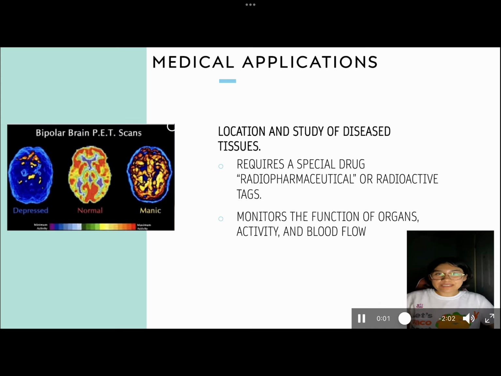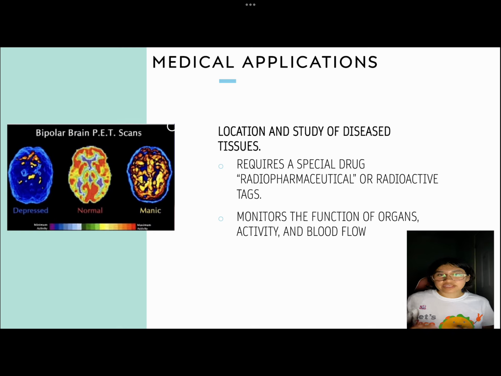For medical applications, one of the most important uses of nuclear radiation is the location and the study of diseased tissues. This application requires a special drug that is called a radiopharmaceutical, and this radiopharmaceutical contains an unstable radioactive isotope.